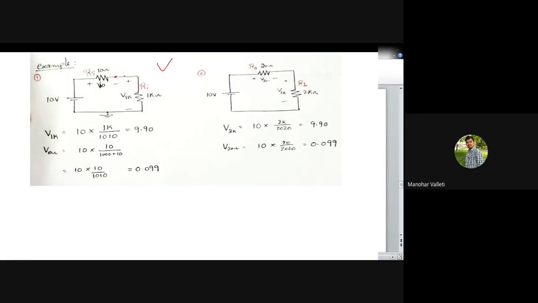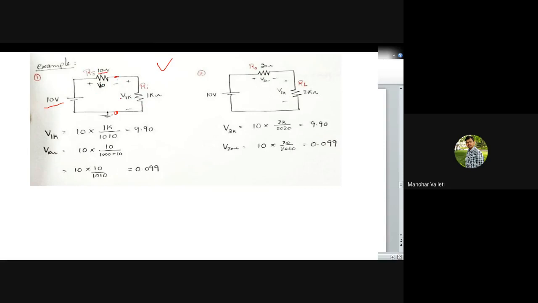Let us say your amplifier has an input resistance like this, and that amplifier has to be applied some input. So now I will discuss in example one why your amplifier's input resistance has to be very high. Let us say you are applying 10 volts to your amplifier. Your voltage source has a source resistance, let us say 10 ohm.